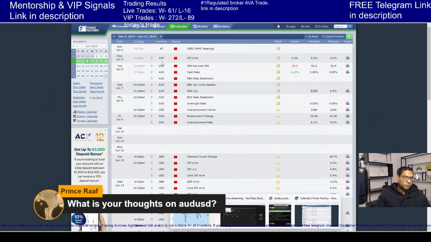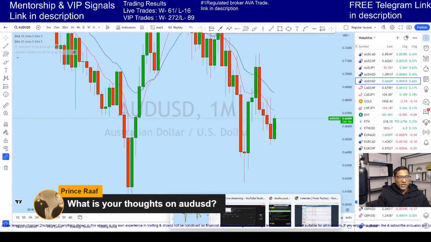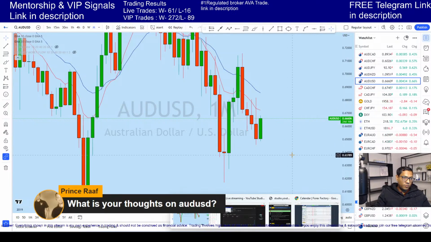So we might see very strong volatility around these pairs: USD CAD, AUD CAD, AUD USD, and the USD pairs. With that said, let's look at AUD USD now from a technical perspective.